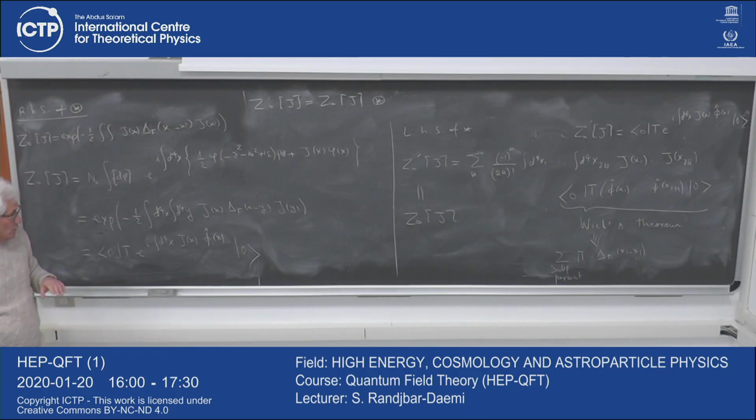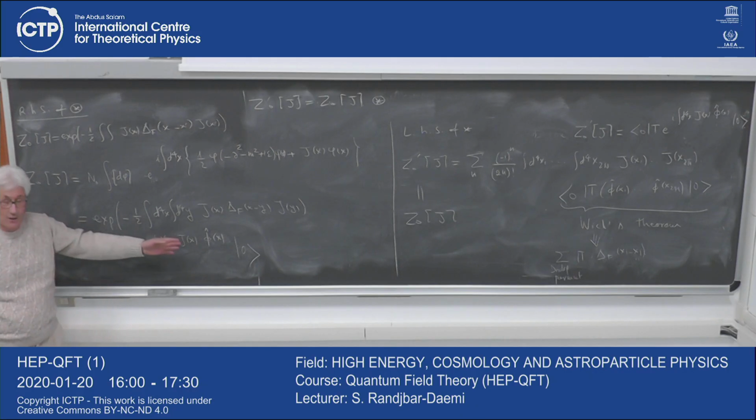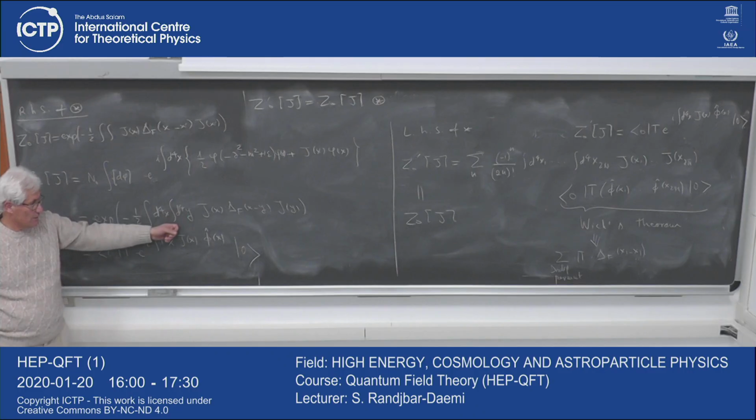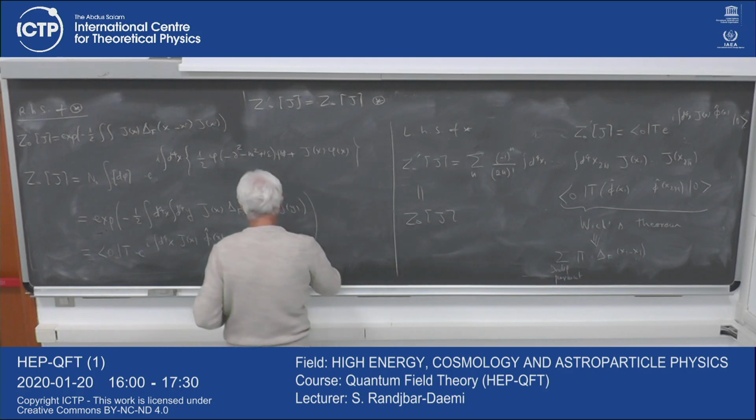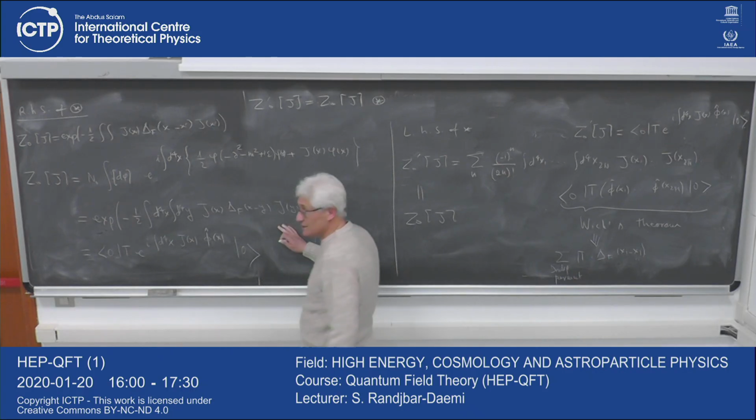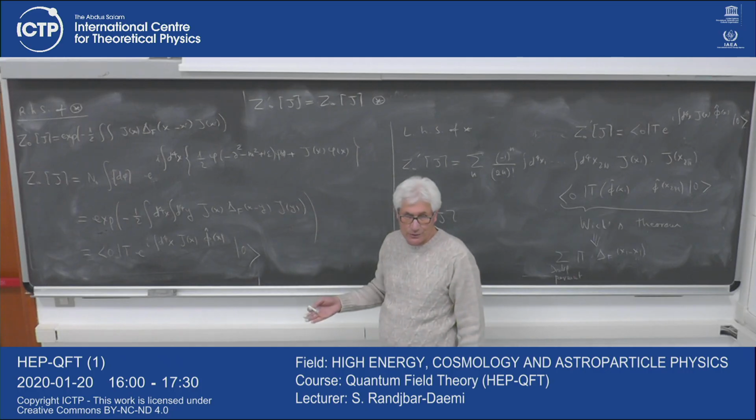And why is it useful? It's useful because if you take the derivatives of this functional with respect to j, and set j equal to 0, you'll obtain the vacuum expectation value of the product of field operators. That will be equal to taking the derivative of this functional integral with respect to j, which is an easy thing because it's a Gaussian, and then setting j equal to 0.